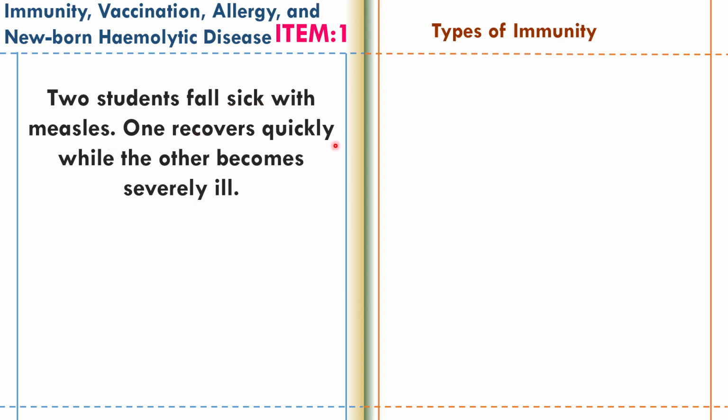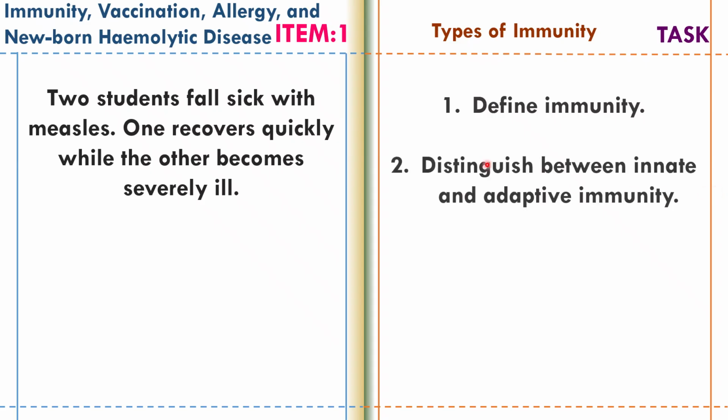One recovers quickly, while the other becomes severely ill. Task: identify immunity. Distinguish between innate and adaptive immunity. Give 2 examples of each type.